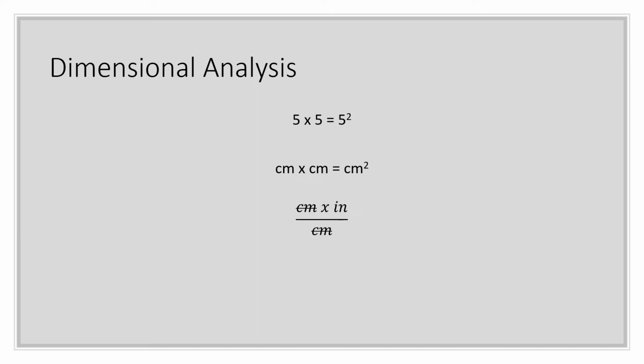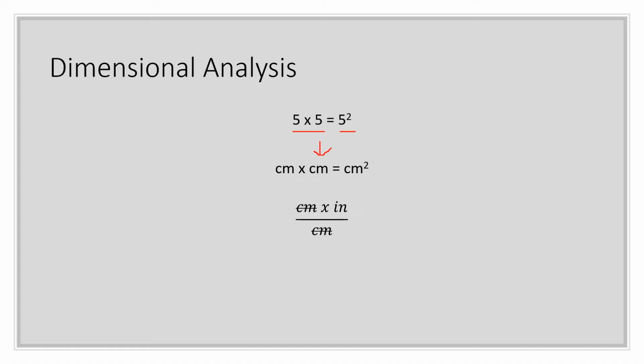You're basically equating 5 times 5 with 5 squared, which means that you can use either of the two for a simpler and much more streamlined computation, unlike when you have to expand it to 5 times 5. Next is centimeters times centimeters is equal to centimeters squared. This is also another form of dimensional analysis that directly relates to your first example, 5 times 5.